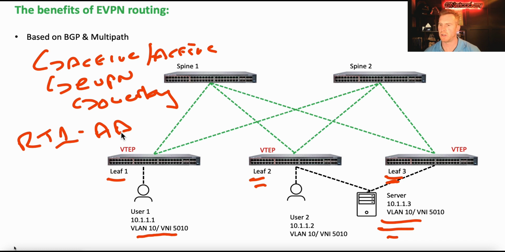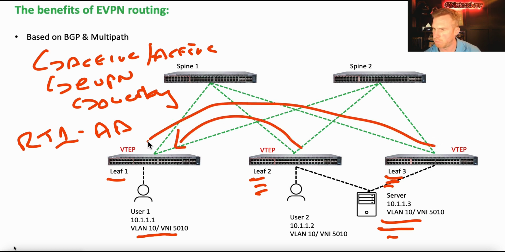Now there are actually different types of route type 1, but basically what leaf 2 and leaf 3 would do is advertise over to leaf 1 via the spines a route type 1, which would define a particular ESI, or Ethernet segment identifier. That's basically a LAG within the EVPN world.